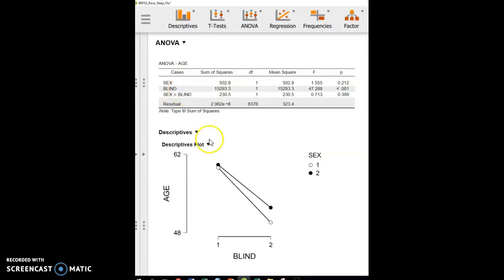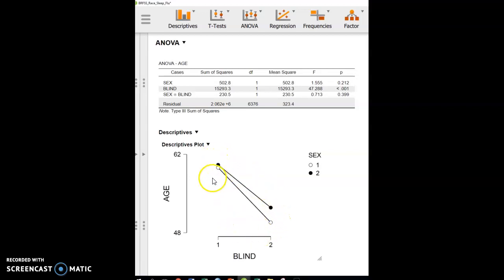So 2 times 2 should give us 4 dots. If, for example, the blind variable had 3 categories, maybe completely blind, somewhat visually impaired, and no visual impairments, then we would have 6 different subgroups. We'd have 2 here times 3 here. So that's going to tell us how many subgroups we have.